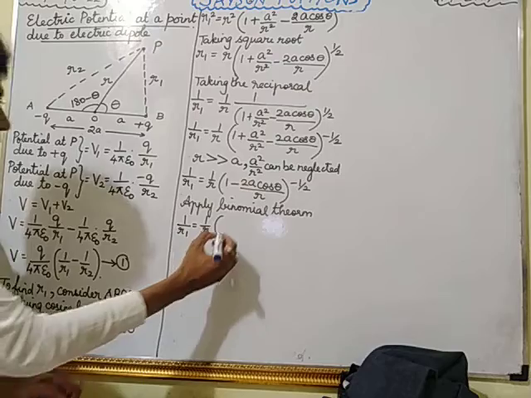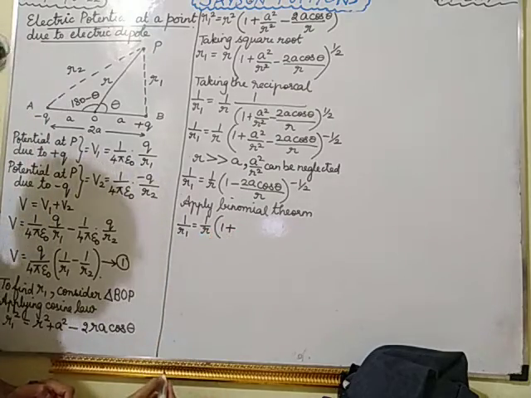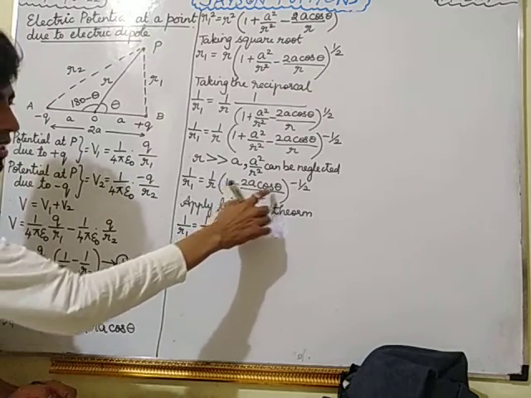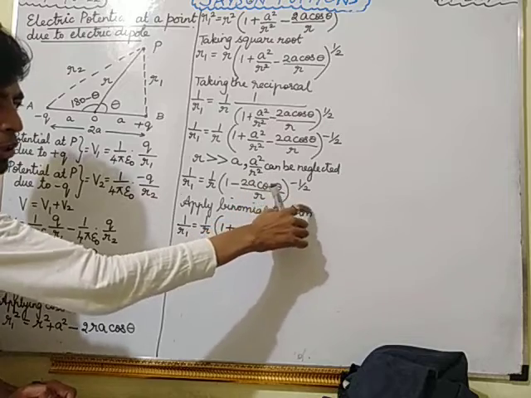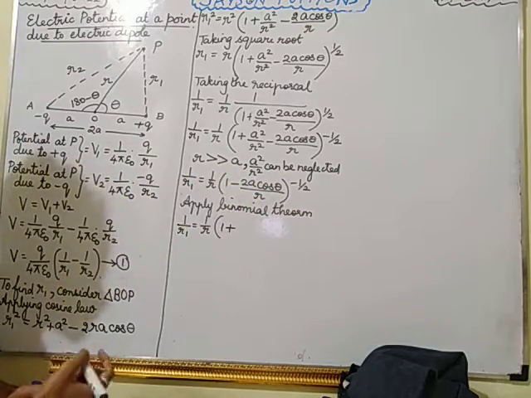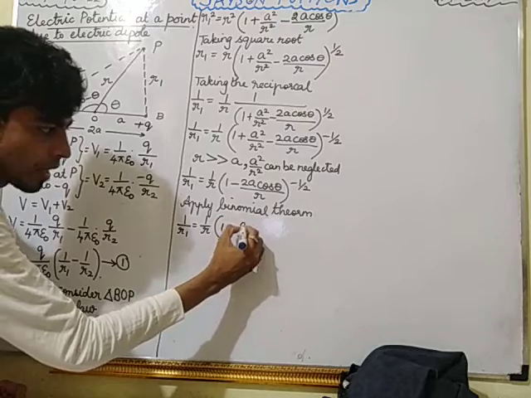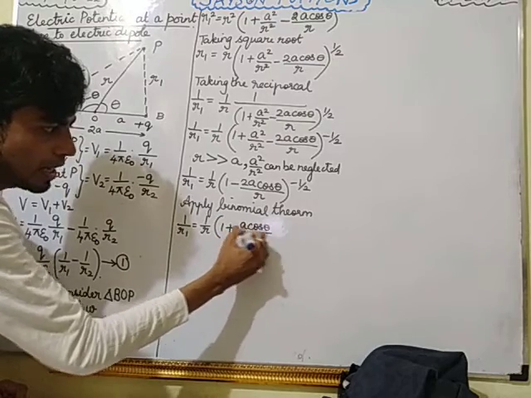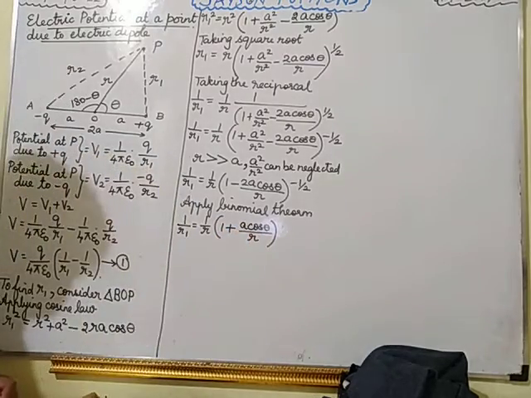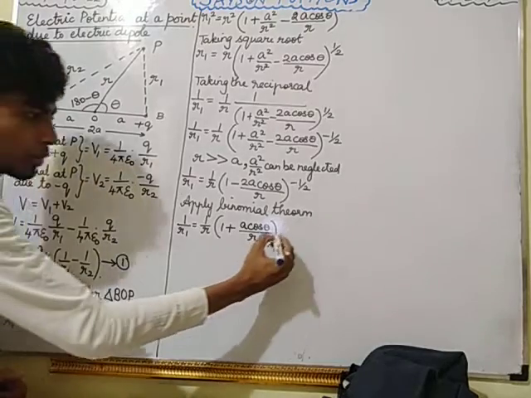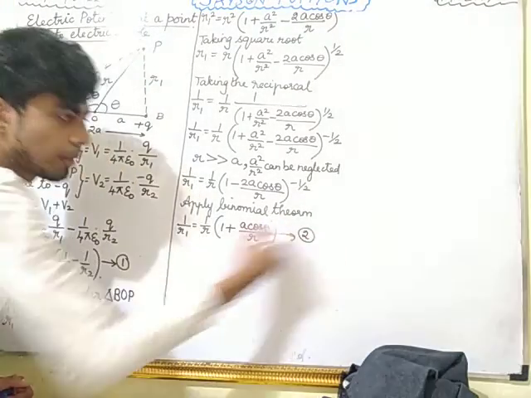So minus into minus will become plus, 2A cos theta by R into 1 by 2. This 2 and this 2 will get cancelled. So I will get A cos theta by R. Like this I will get. I am going to keep this as equation number 2.